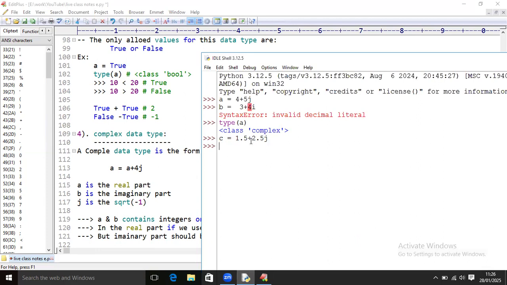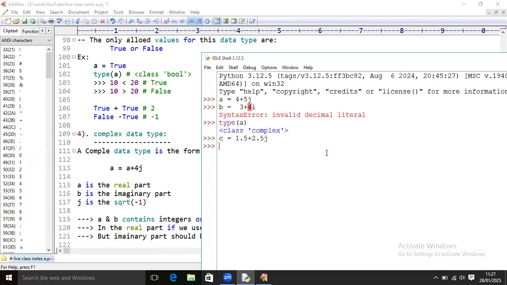But after the plus, there is the imaginary part, 2.5, right? In this, we need to specify the values in decimal form only. It will not accept any other formats, and decimal is the default in Python.